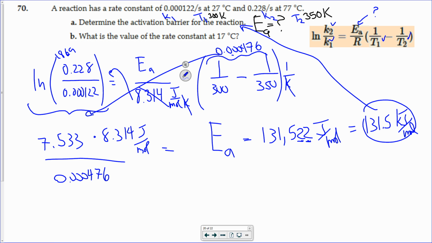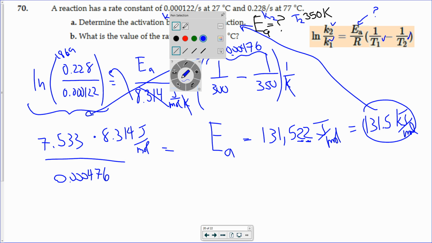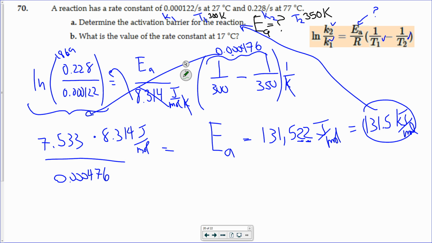So to do part B of it, it wants to know what's the value of the rate constant at a certain temperature. So to set this one up, we know what E sub A is. We're looking for the rate constant at a temperature that's given. So we would solve it for K2. All right, so let's just set that one up. So 17 degrees is 290 Kelvin.